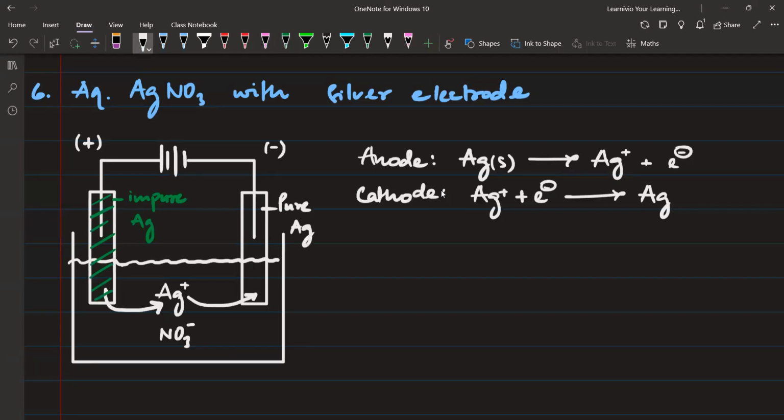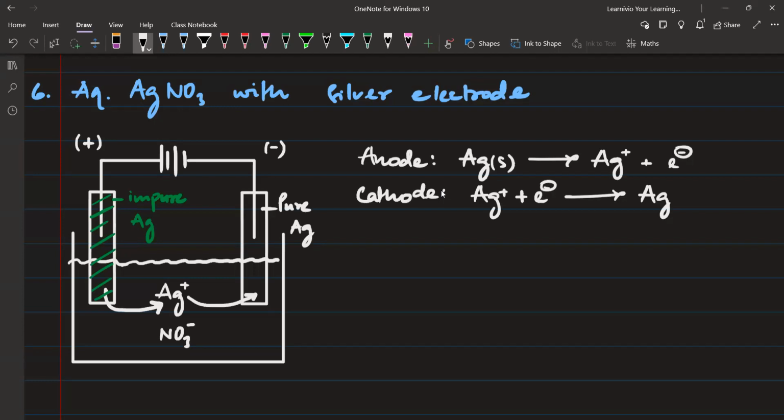So what will happen from impure silver? Only the silver, not anything else. If you have, let's suppose, copper inside it, or any dust particle, carbon particle, or any dirt in it, the dirt is not going to get converted to Ag positive. Only the Ag in that impure rod is going to get converted to Ag positive, and that Ag positive is then directly getting converted to Ag.